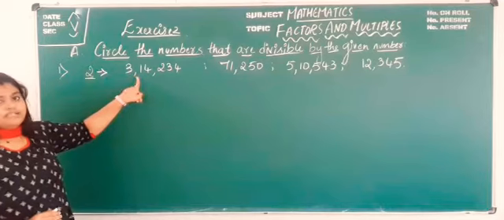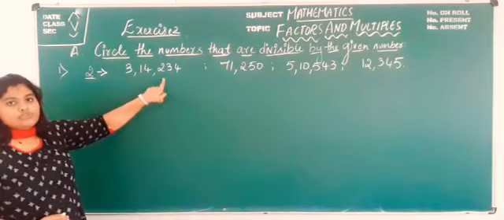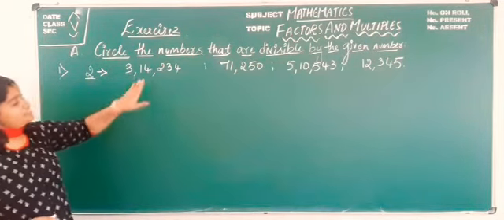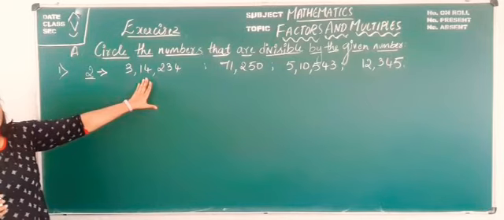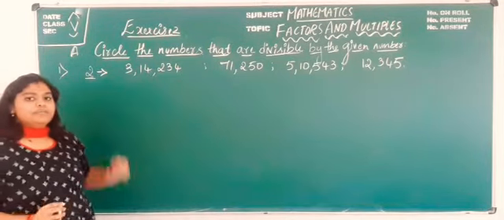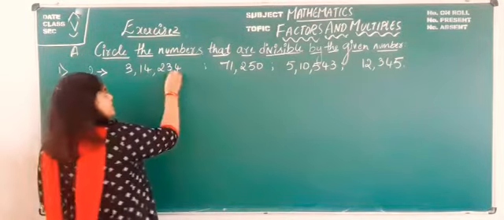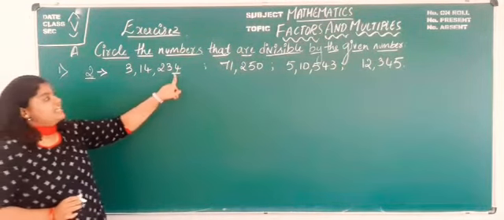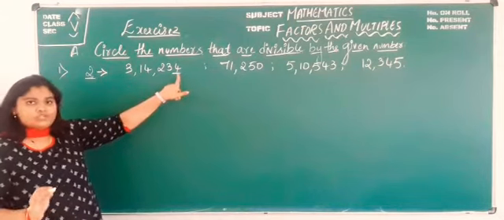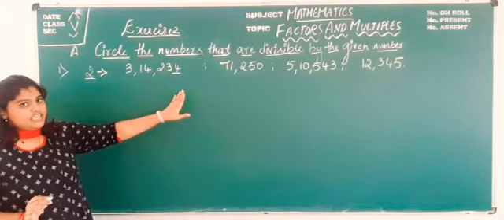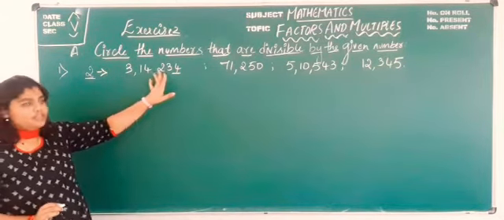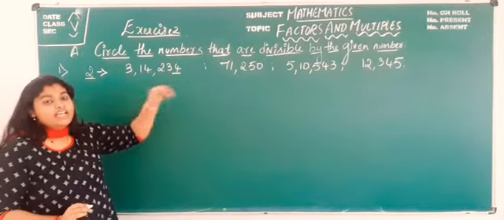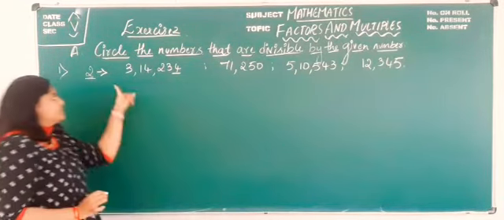The first number is 3,14,234. Is the given number divisible by 2? Yes, because in the given number the last digit is 4. Therefore, we can say that 3,14,234 is divisible by 2.